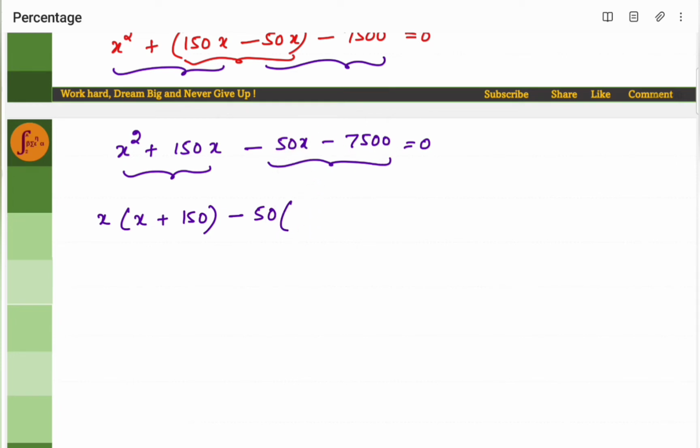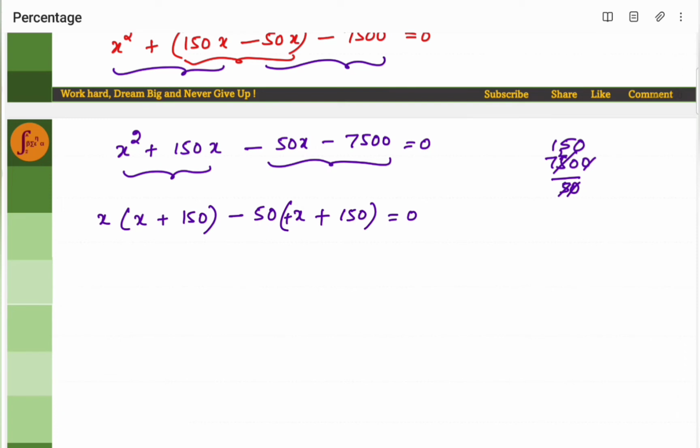So I'll be left with x. Since I take minus out, the sign here will be reversed. Here it is minus, so it will become plus, and here it is minus, so it will become plus. Now 7500 by 50: 5 ones are 5, 5 fives are 25, so I'll get 150 here.